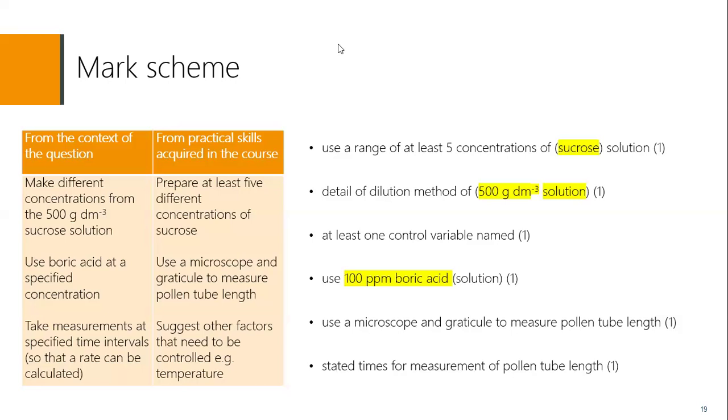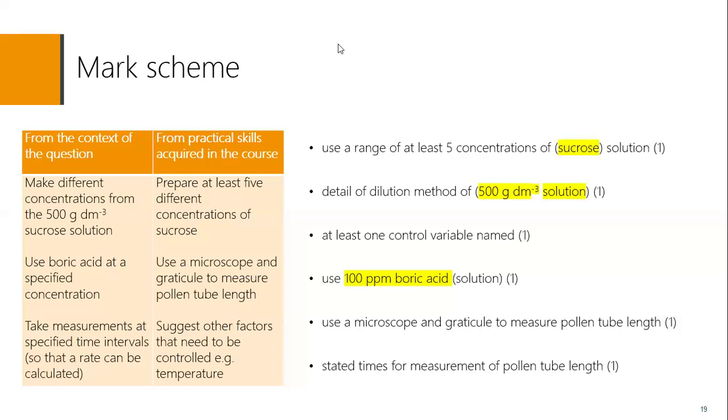Unit 6 can use practicals from any part of the course. Unit 3 is only practicals in Unit 1 and 2. Unit 6 is practicals from any part of the course. And there is very likely to be a question on devising an experiment, which will be a high tariff question, but there are also questions on parts of practicals.